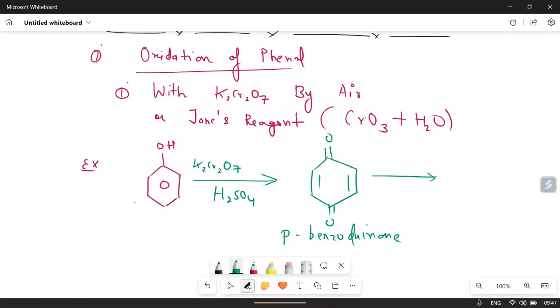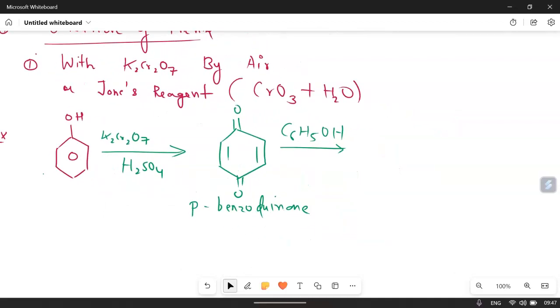And further, it reacts with phenol again, C6H5OH, to give phenolquinone. The reaction would look like that. C6H5OH, single bond O, O, OH.